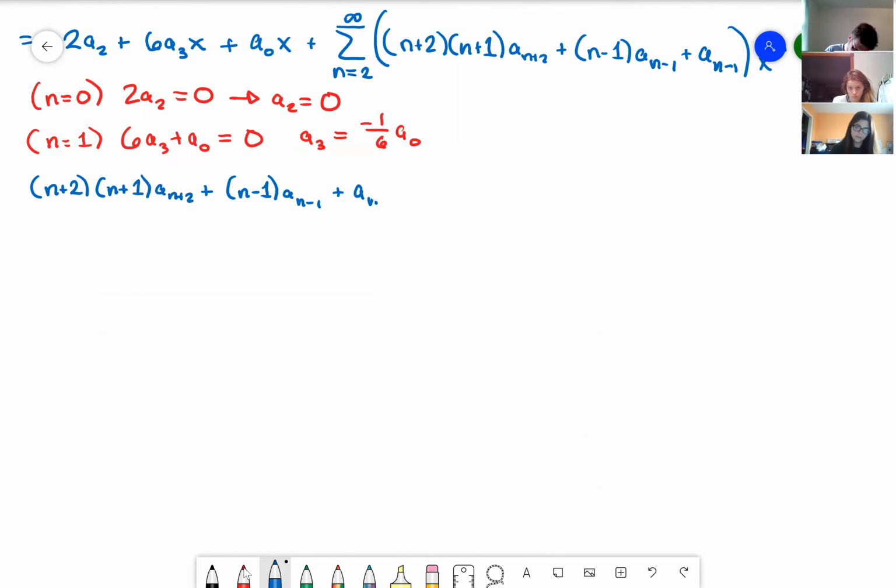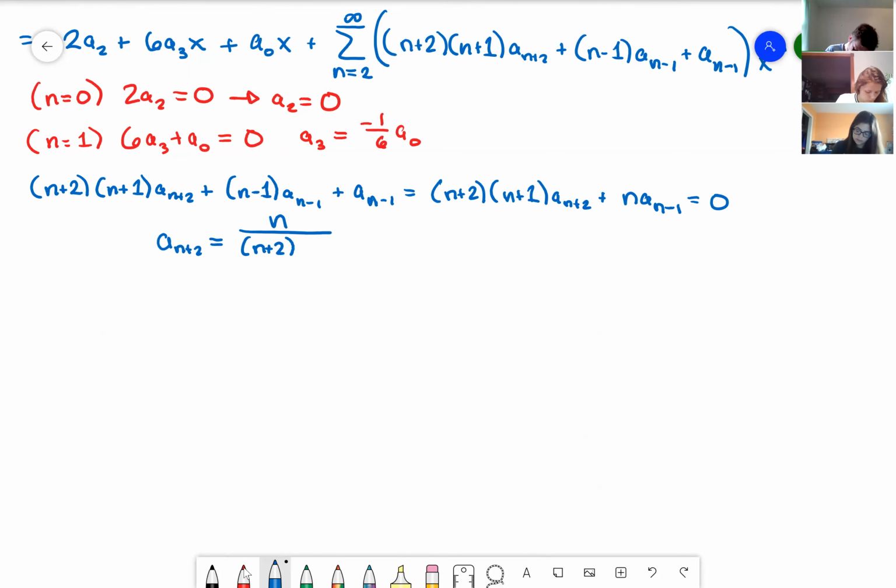Sorry, that should have been a_(n-1). I'm going to combine these last two terms because we have n minus 1 plus 1. Now I'll move that over to the other side and get a_(n+2) equals n over (n plus 2)(n plus 1) times a_(n-1).